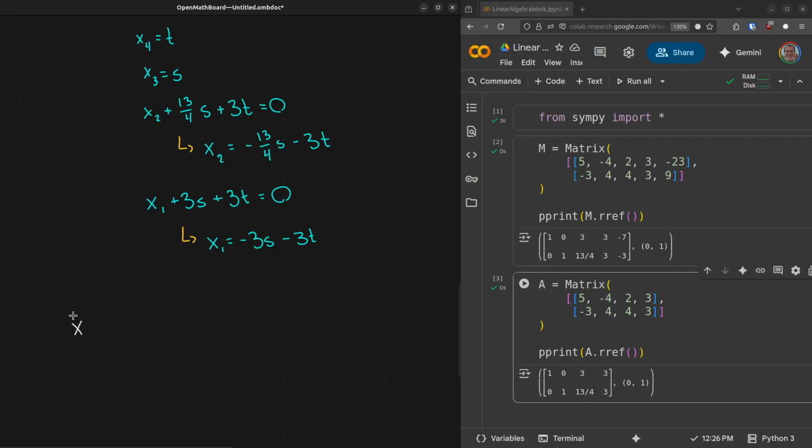And so if I look at the general solution to our homogeneous system, notice for x1, we do not have a constant part, right? So we just have negative 3s minus 3t.